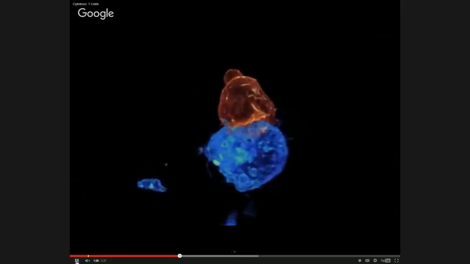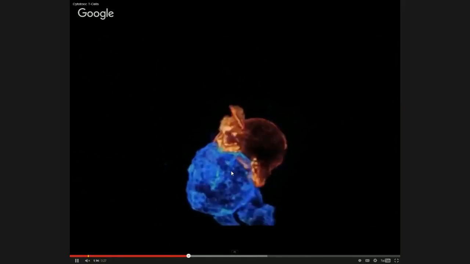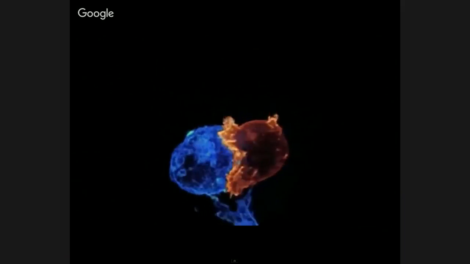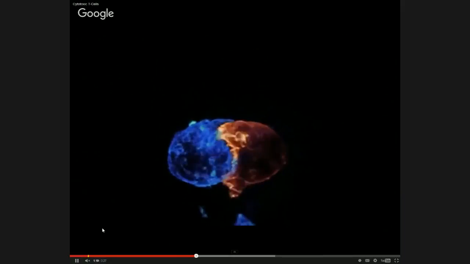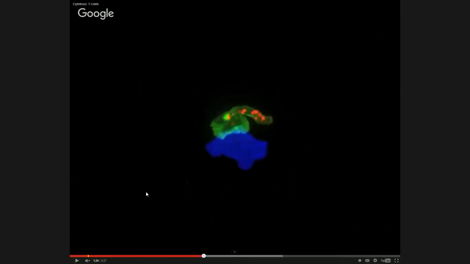And then in the next section, they've marked a cancerous cell with a blue dye, and then the killer T cell has the red color to it.